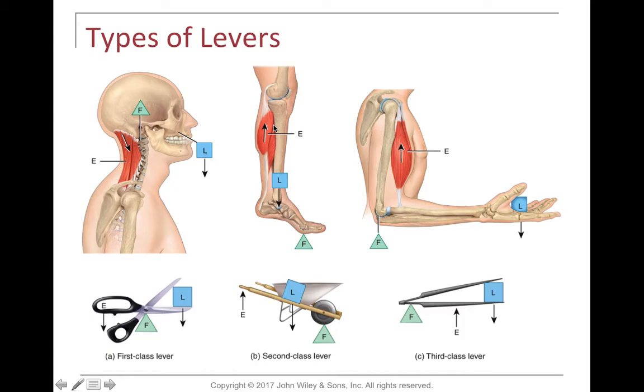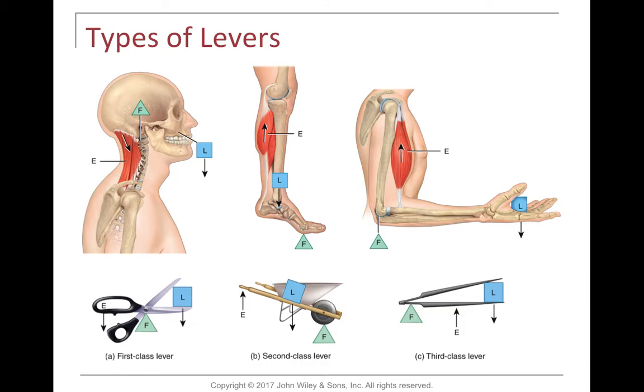The third class lever is where the effort is between now the fulcrum and the load. And so an example would be a pair of forceps, or you can think tweezers also.